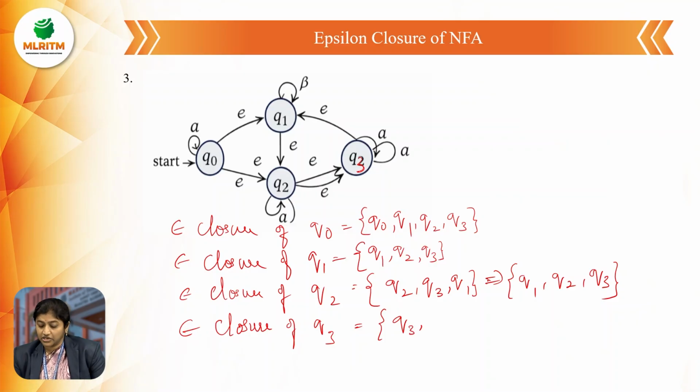Q1. Next from Q1 to Q2 also it is there. Then from Q2 to Q3 it is coming back, but already Q3 we have taken. So no need. So this implies Q1, Q2 and Q3. Okay, this is how we need to write the epsilon closures of those particular states.